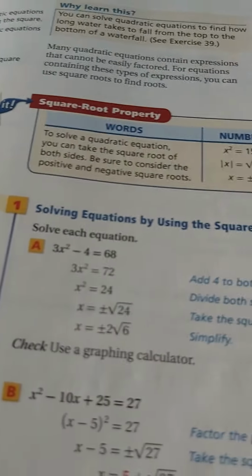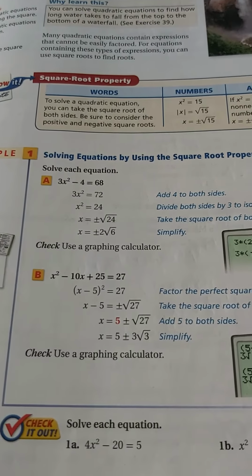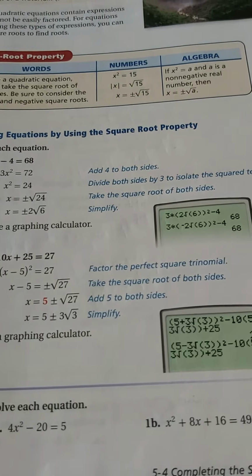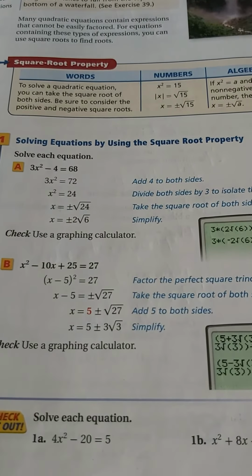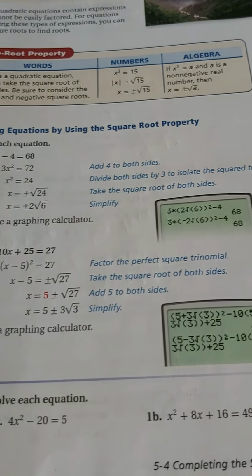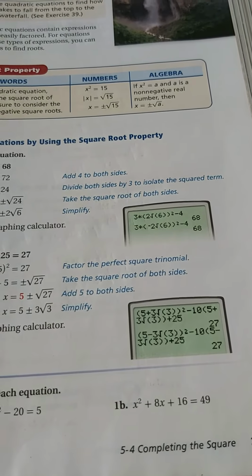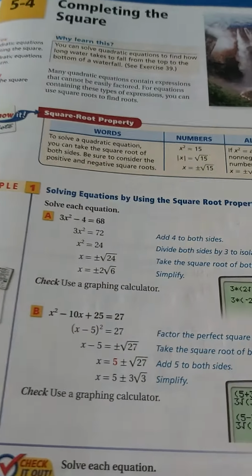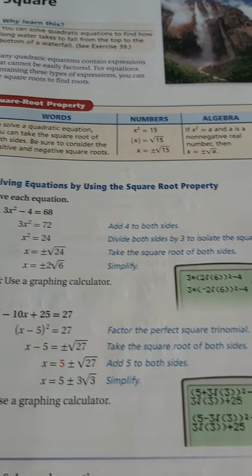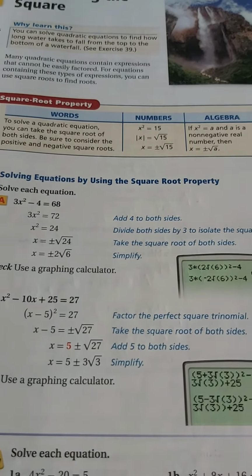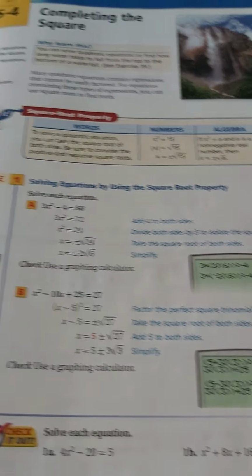example 1, solve each equation. Solve each equation, and we have part A, 3x squared minus 4 equals 68.